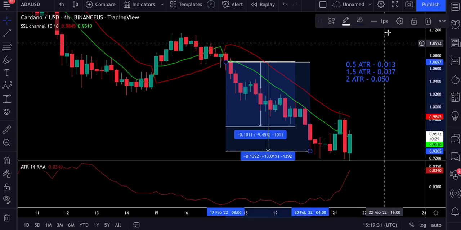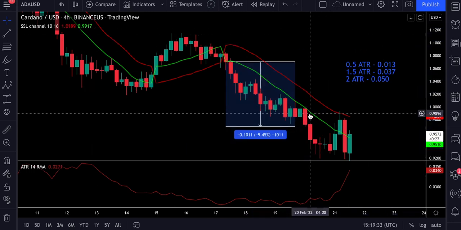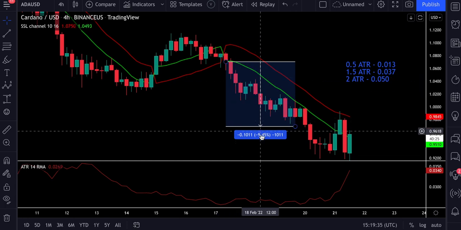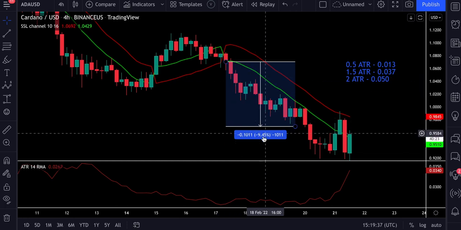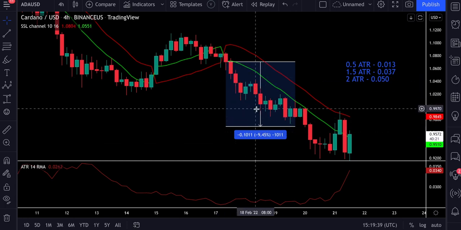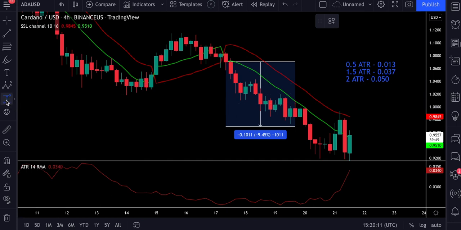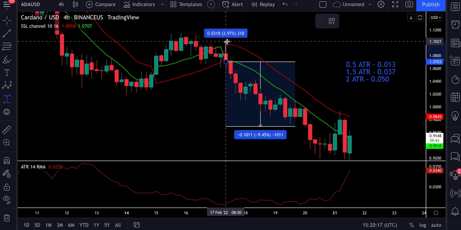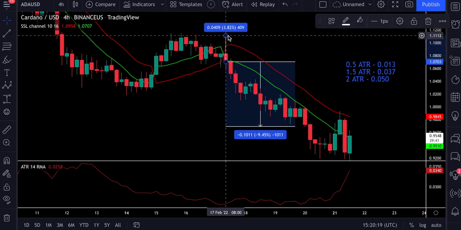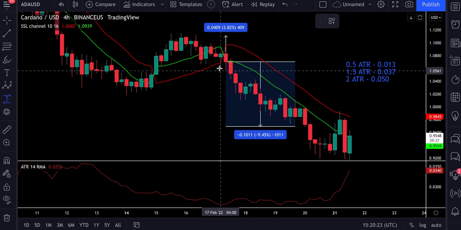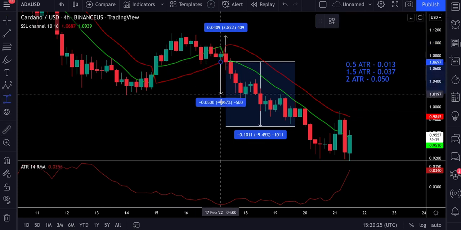So let's get rid of this. So now you see we gained 9.45% on this trade. So now let's take a look one more time at that 2-to-1 ratio that everyone is talking about. So if you had entered somewhere here, there's a stop loss at 40 and a profit would be somewhere at 80.